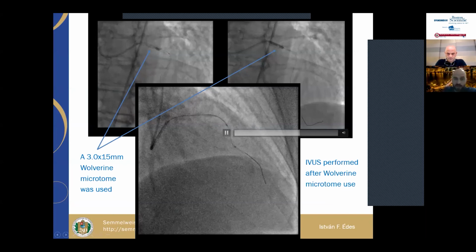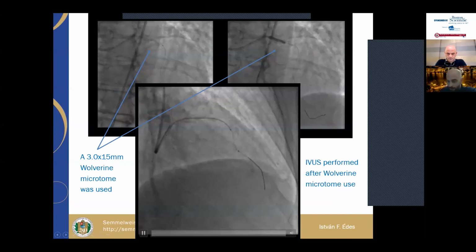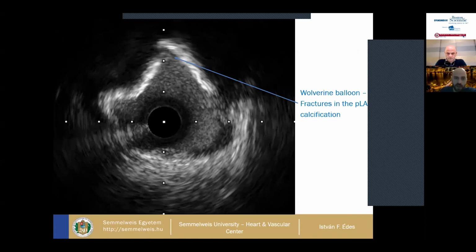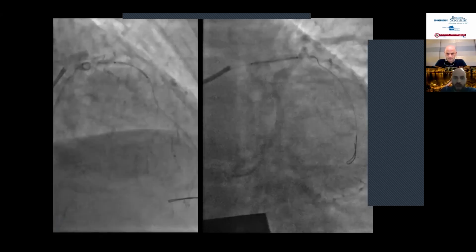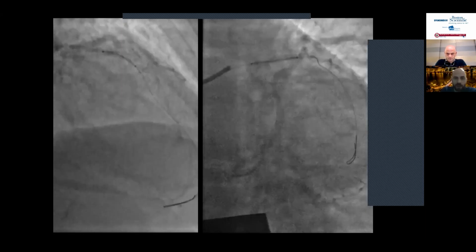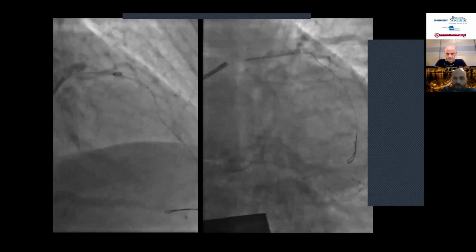And this is a very significant picture that you can see with the crack right here and right here of the calcified lesion that we see. And this is the fractured proximal LAD calcification after Wolverine cutting. Even after this, we proceeded to balloon the vessel with an NC balloon. And then finally, I was quite comfortable with advancing my stents.